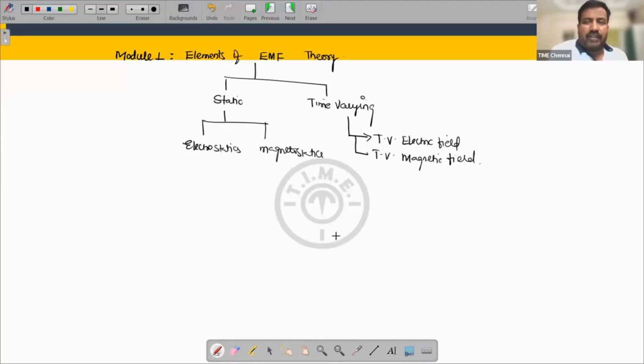So this electromagnetic field theory is mainly governed by two general laws. What are those two laws? The general laws that govern electromagnetic theory.